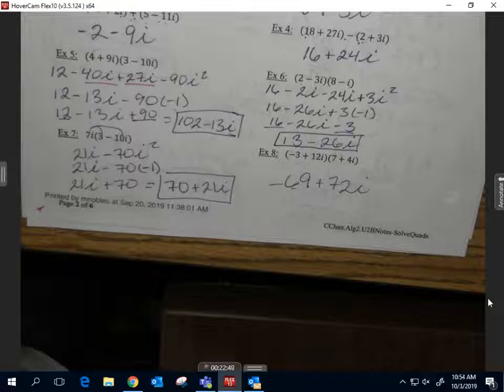Question: if you have two i's near the end, do you just combine those together? Like when you're multiplying? Or do you combine it with the other one? The first one?